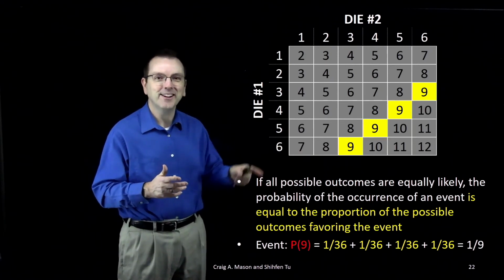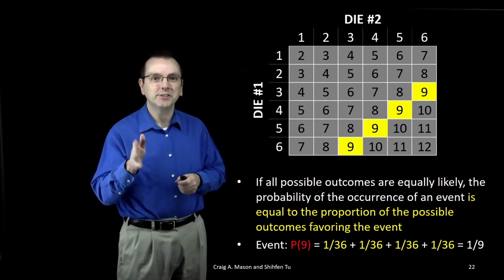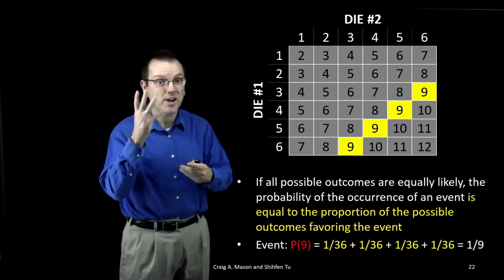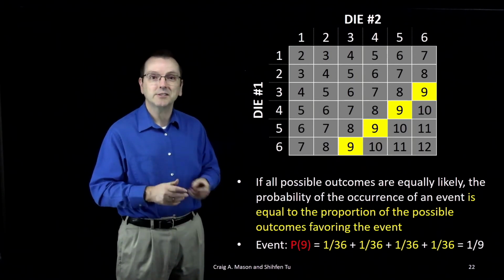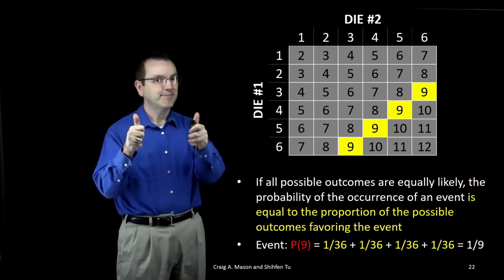Notice the color coding again. So we just add up 1 over 36 plus 1 over 36 plus 1 over 36 plus 1 over 36, 4 times, and we get the probability of rolling a 9. That's just 4 over 36, or 1/9. Great.